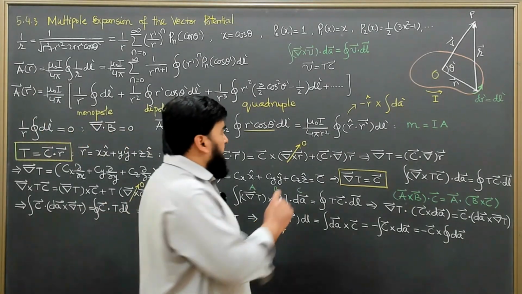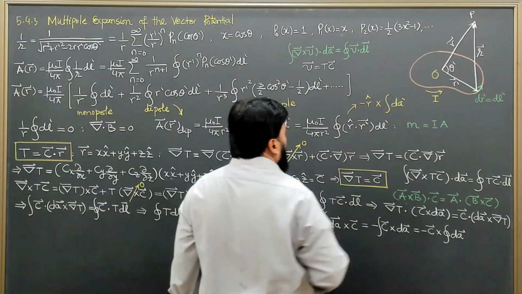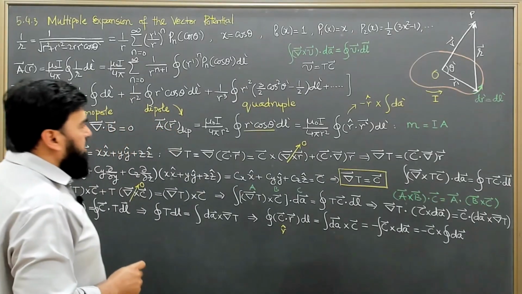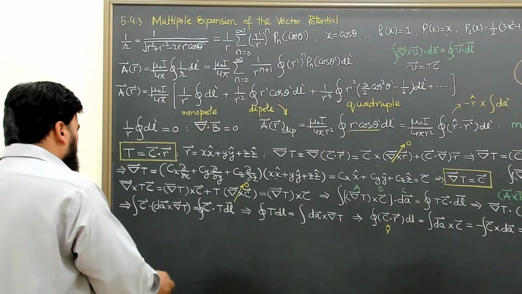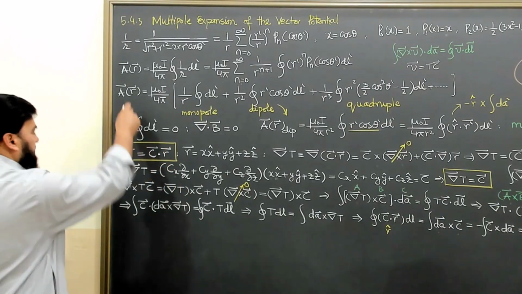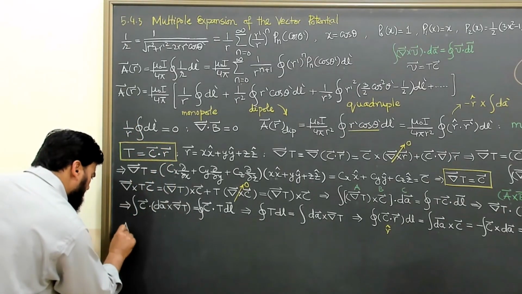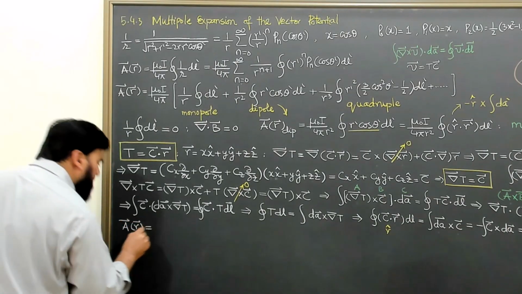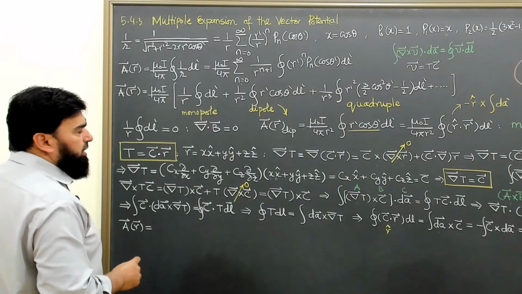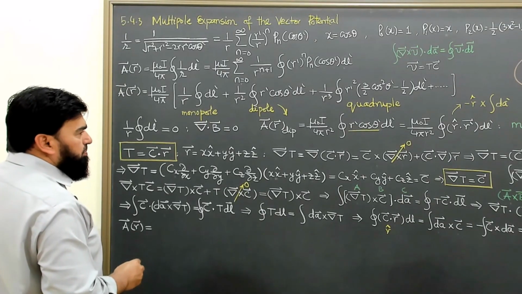Suppose I have reached here with minus r unit vector and cross dA, so I can write the magnetic vector potential A of r as this.